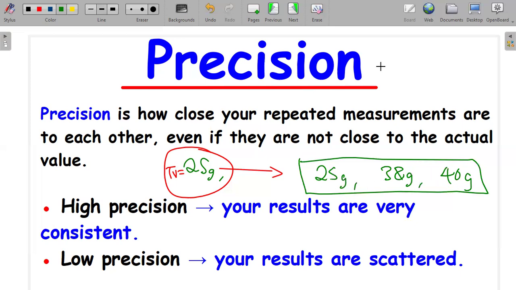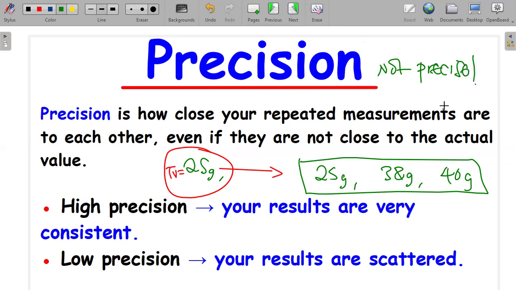So we are going to say that those measurements are not what? Precise. They're not precise because they are not close together. This is 25, this is 38, this is 40.